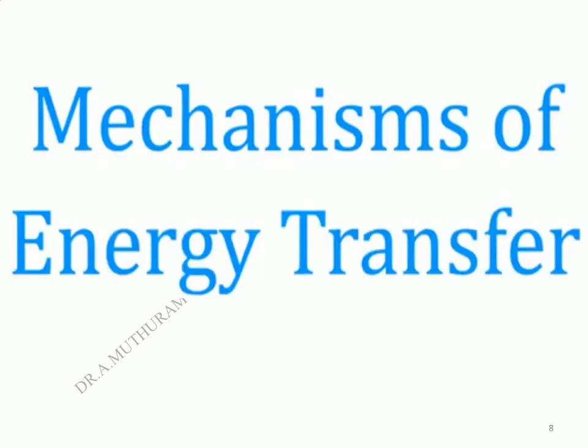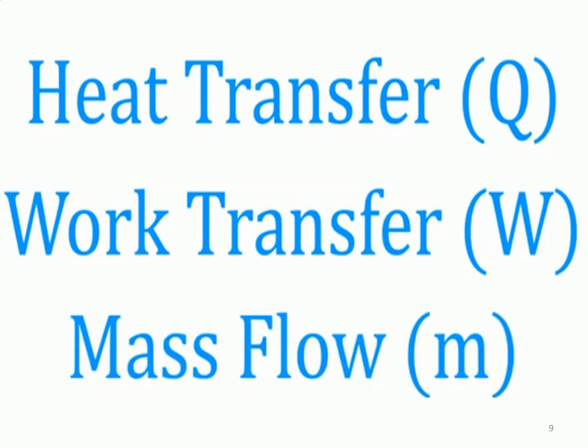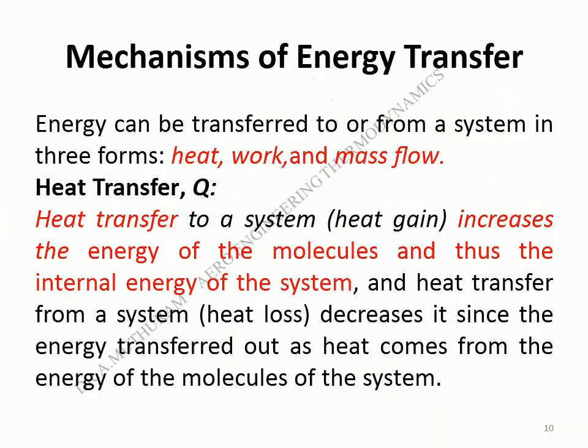Mechanisms of energy transfer: heat transfer Q, work transfer W, mass flow m. Energy can be transferred to or from a system in three forms: heat, work and mass flow.